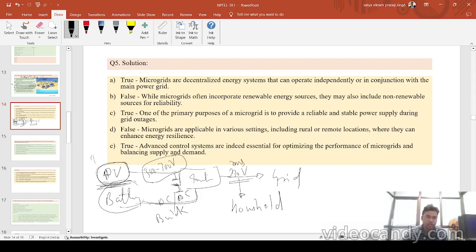If there is a surplus supply from the PV, then the battery should charge, and if there is no generation from the PV, then the battery takes power from the grid to charge, because it has to maintain a certain voltage level and a certain SOC level. Is it clear to everyone? Type yes if it is.